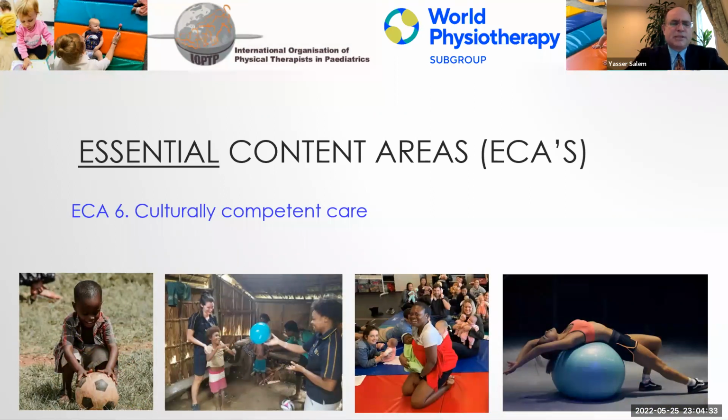The other essential content area that's identified by the members is cultural competence. Physical therapists should be really competent in providing culturally competent physical therapy. By that, you think about different things. You think about working with a diverse population, how you have effective interaction, communication, and understanding of the diverse population that we see nowadays.